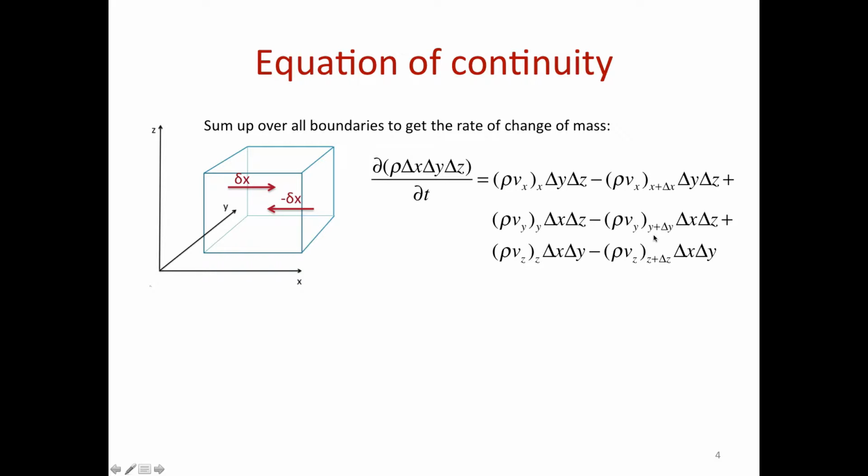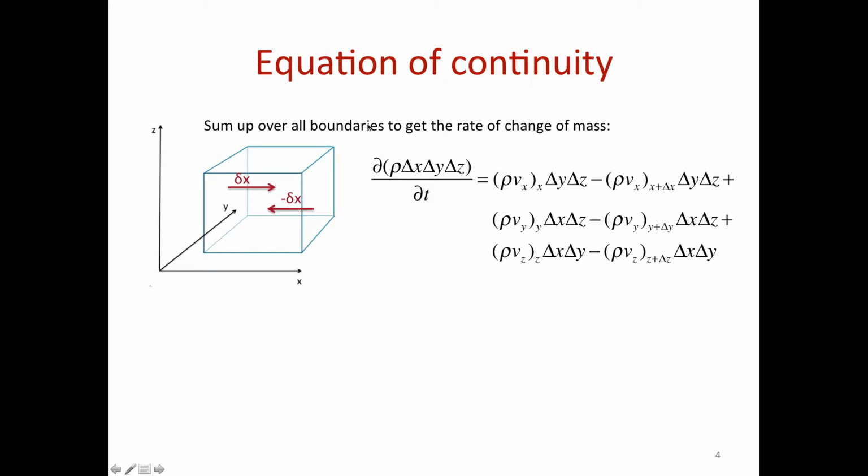Plus the same thing I do in y direction, so this front and back, okay? Area of that side is delta x delta z, and then I proceed and do the same for the bottom z and upper z boundary. Now my projection is rho vz, because my normal is delta z, and I have to evaluate it on z here, and z plus delta z up on the upper side.